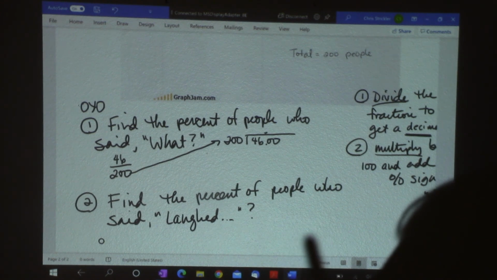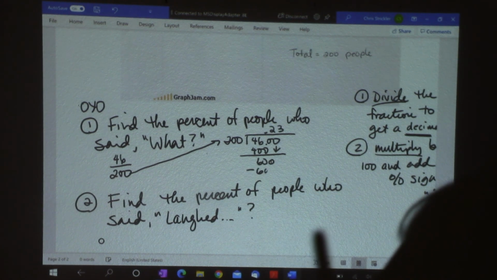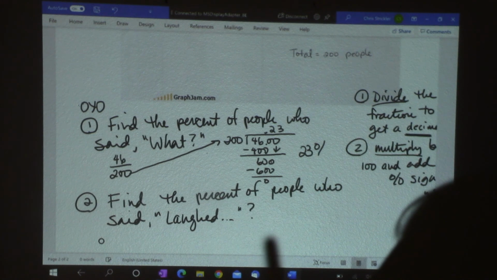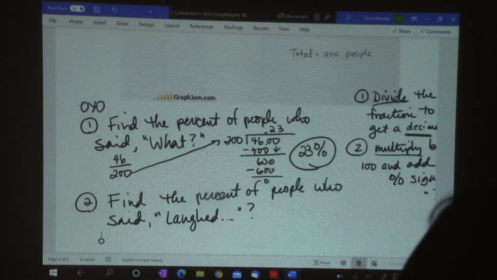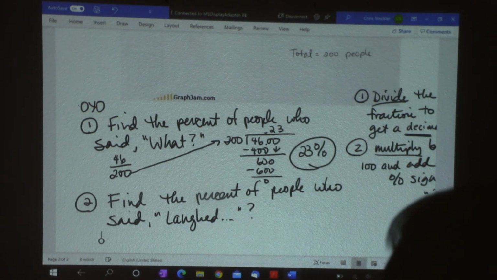So 200 goes into 460 twice. I have 60 left over, bring down a 0, and I get 3. So that becomes 23%. Move the decimal over 2 and add your percent symbol.